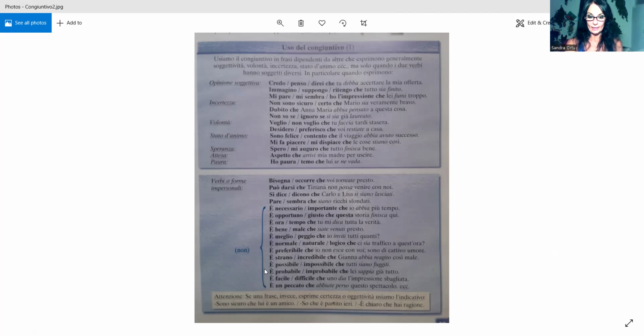And è probabile, è improbabile, it is likely or unlikely that. Oh, è facile, è difficile, it is easy or it is difficult that. È un peccato che, it is a shame that, etc.